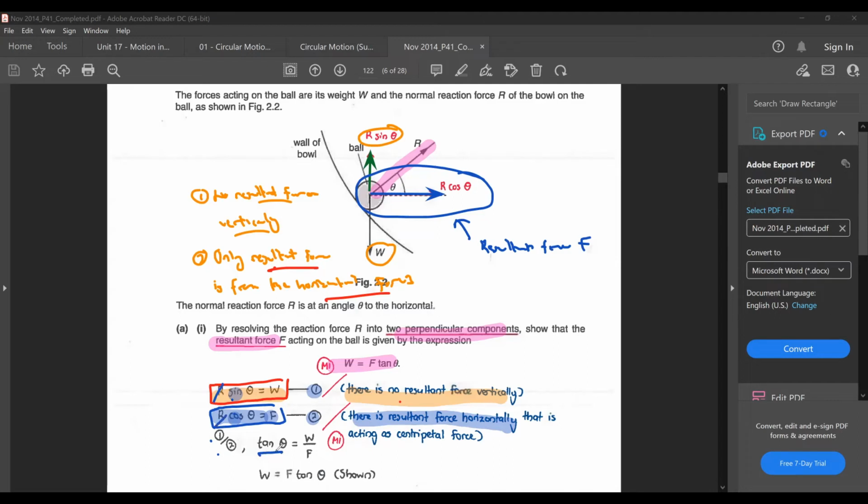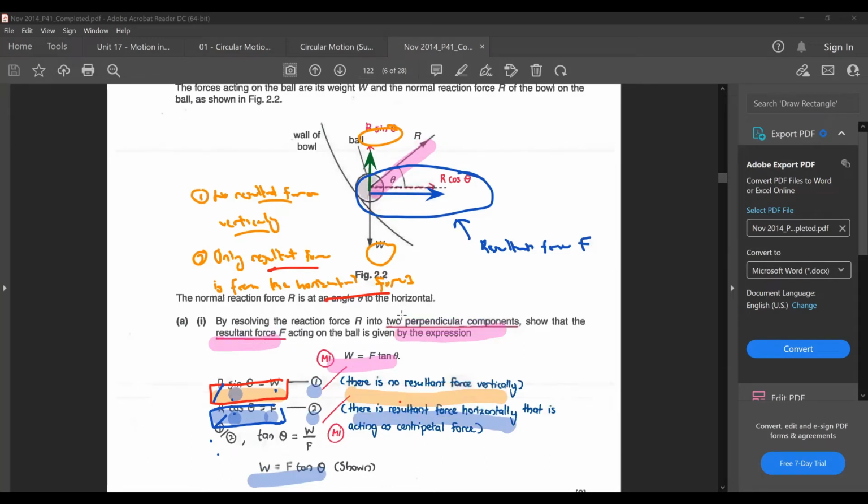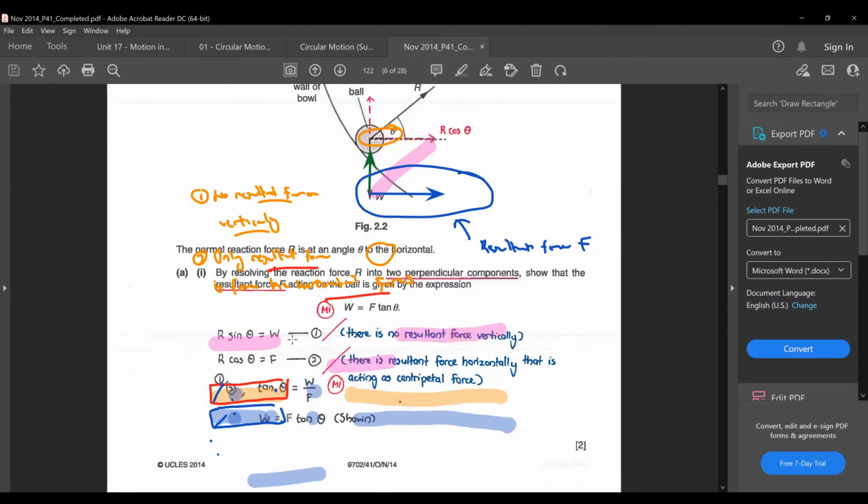The R will cancel off, W will divide by F. If you rearrange them, you get W equals F tangent theta. So it's shown. This one is worth 2 marks.